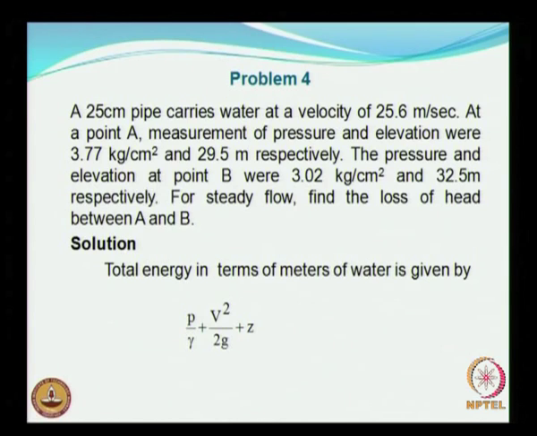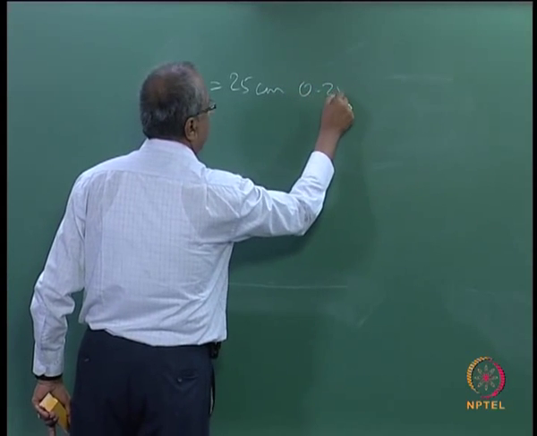Read the problem, keep reading the problem and try to understand what the problem tries to ask you. A 25 centimeters diameter pipe, so dia is 25 centimeters or 0.25 meters.